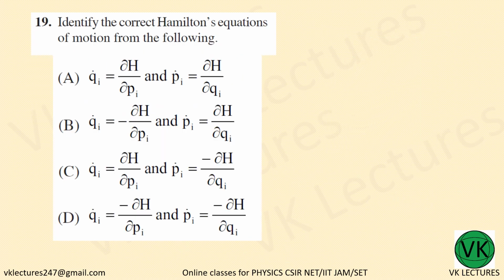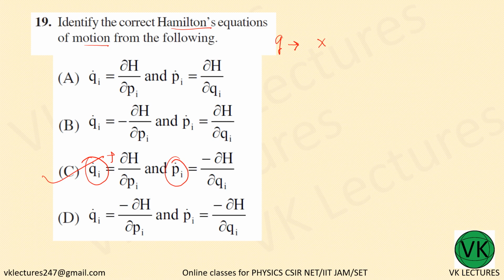Identify the correct Hamiltonian equation of motion from the following. It's a direct question. Q dot is positive, P dot is negative. So option C is your correct answer. What is Q dot? We do not know exactly, but you can take it as a coordinate x.